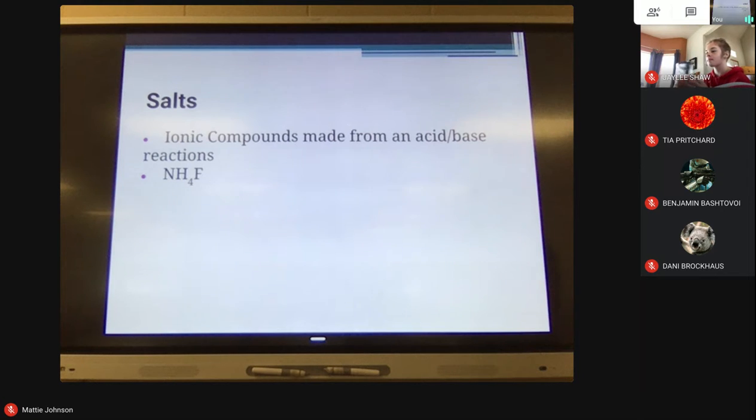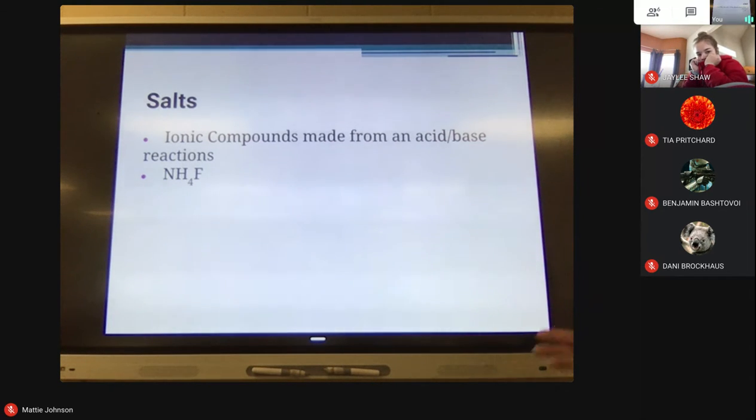Here's an example of something that we're going to eventually figure out. This is a salt that involves two parts. It has the ammonium ion, NH4+, and the fluoride ion, F-.